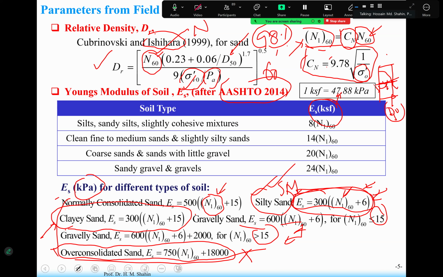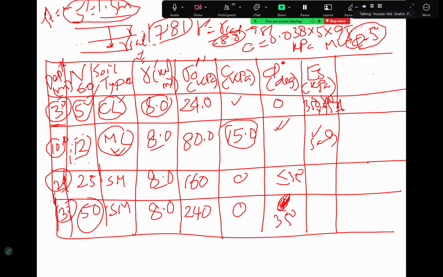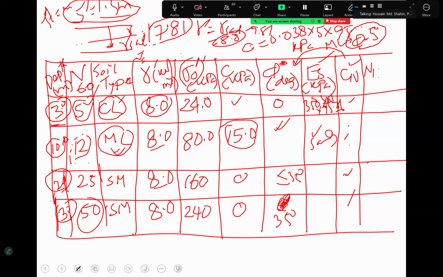So you have to calculate CN. CN is required. So before that you have another column. I am writing here, calculate CN. So it is in between N and ES. The CN you will get because sigma 0 is given. So CN you can easily get. SPT N60 is given, and you calculate the N1 60.